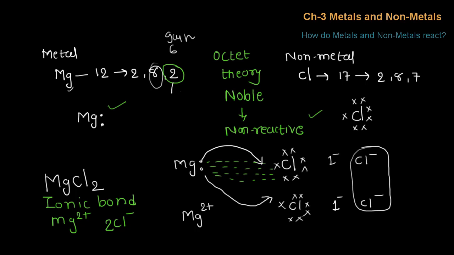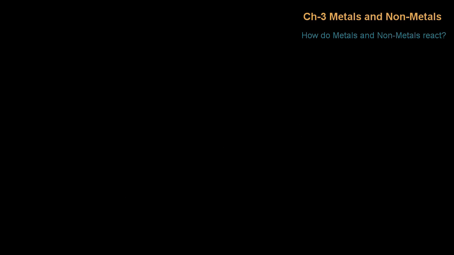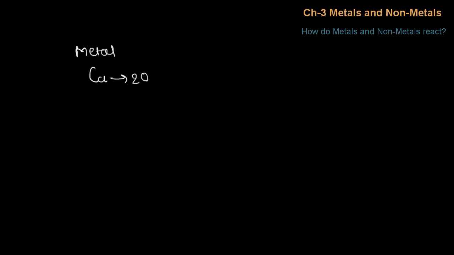Now let us understand this reaction of metals and non-metals by taking another example. For the metal we are taking calcium. Its symbol is Ca. We know its atomic number is 20, so its electronic configuration will be 2, 8, 8, 2. There are 2 electrons in its valence shell. Now we are taking oxygen as the non-metal.